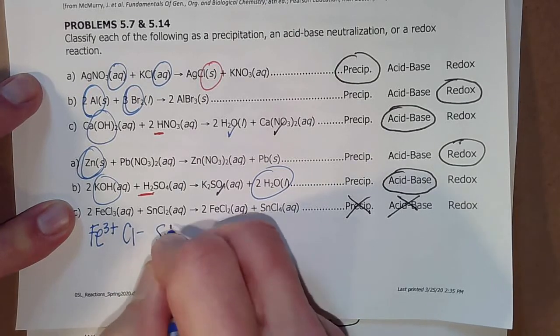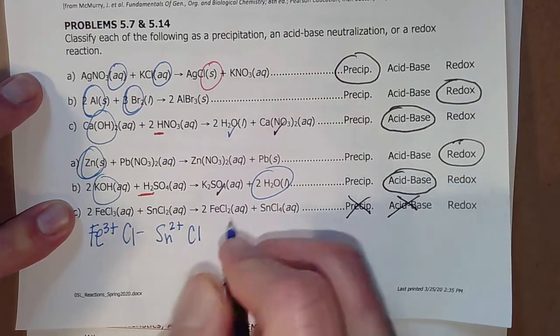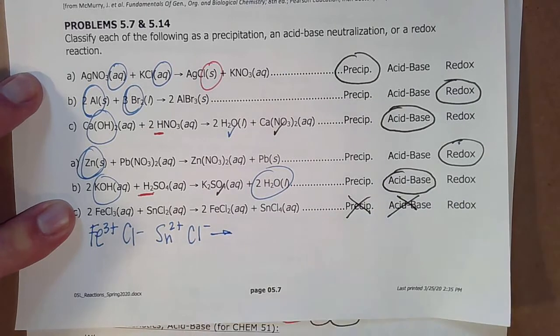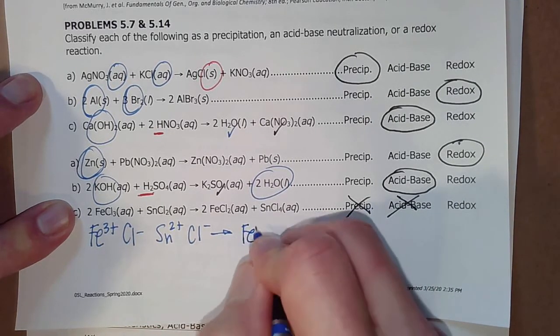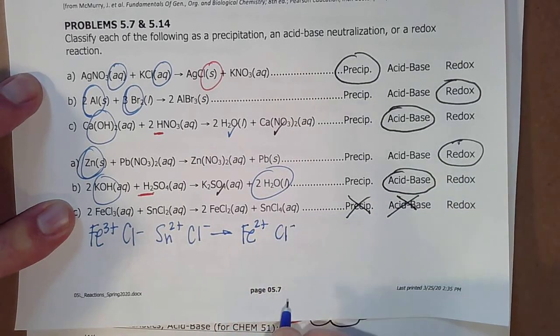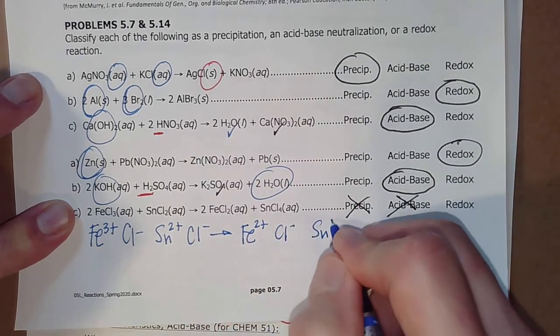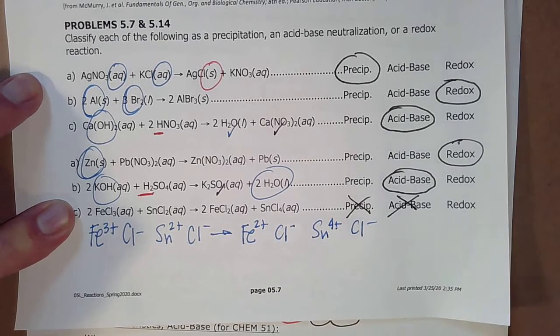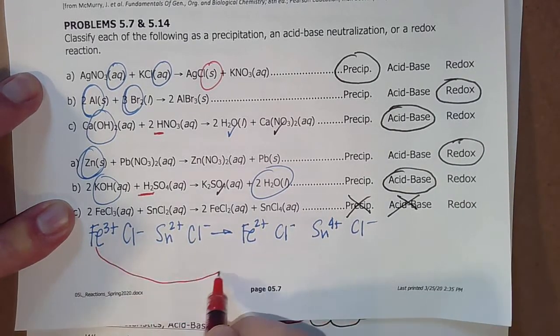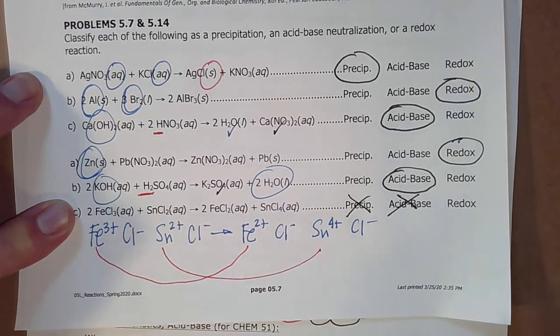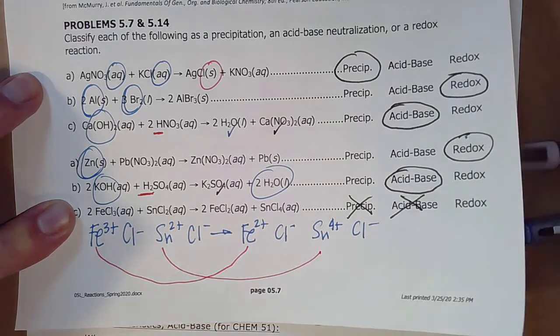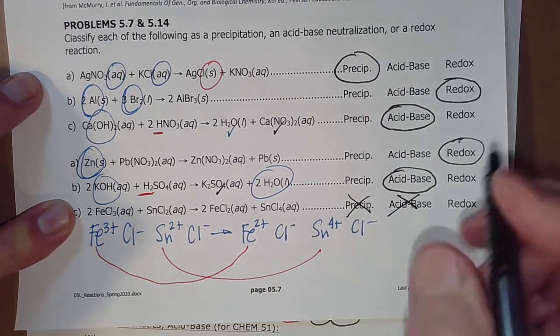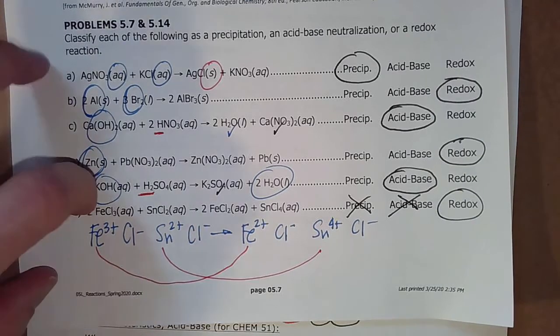That's tin 2 plus and chloride. On the other side, I've got iron 2 and chloride and tin 4 and chloride. Oh, bingo, there it is. Charges have changed. And we've got a redox reaction.